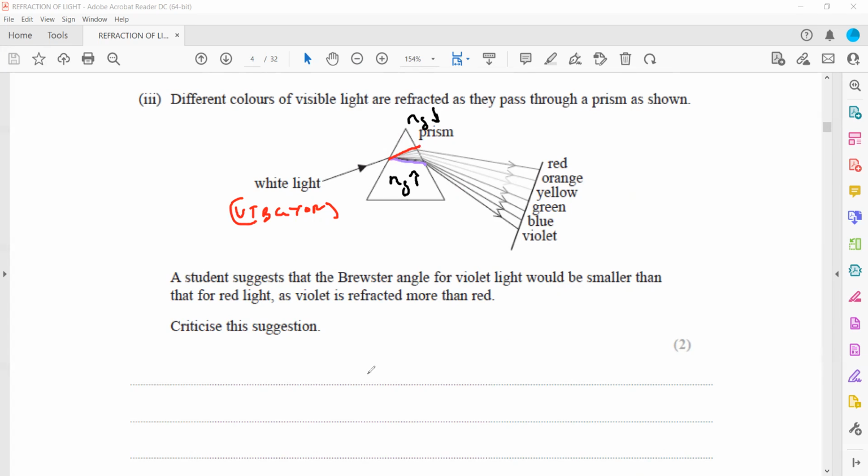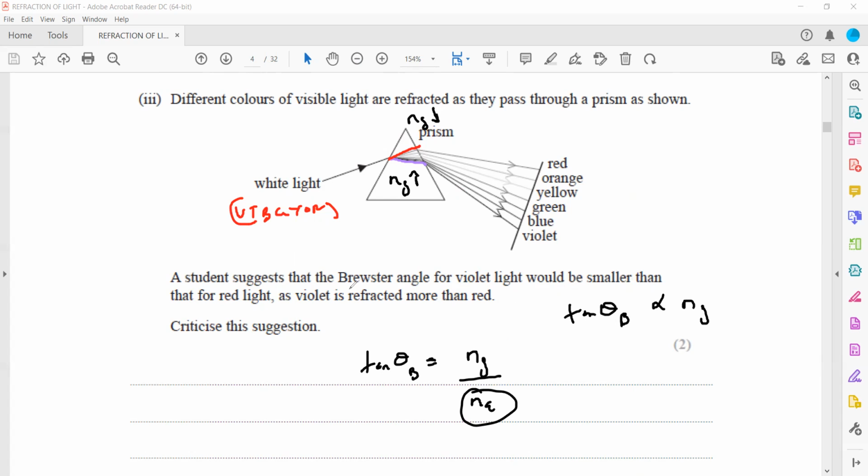And we have the formula that tangent theta_B is equal to refractive index of glass divided by refractive index of air. The refractive index of air is not changing. So it means we can say that tangent theta_B is proportional to the refractive index of glass. Means a light which experiences a higher refractive index of glass will have a greater Brewster angle.